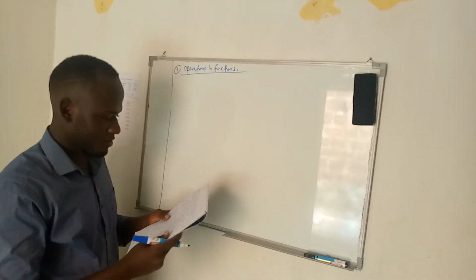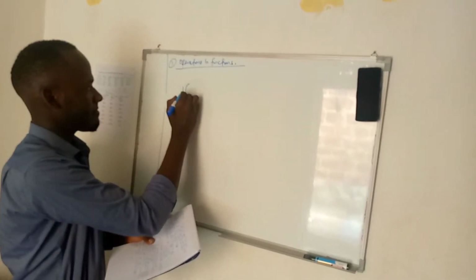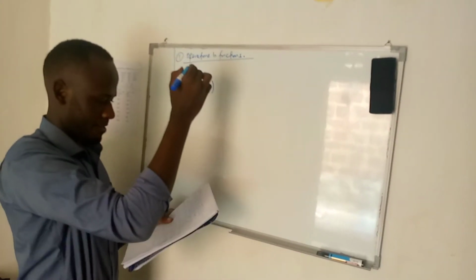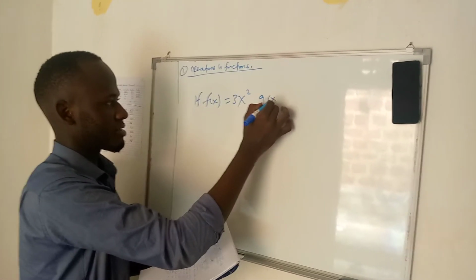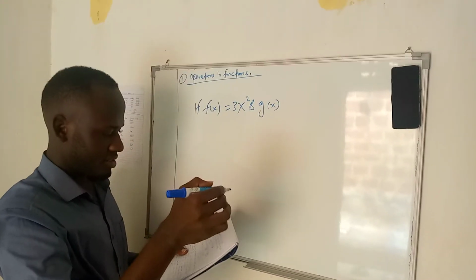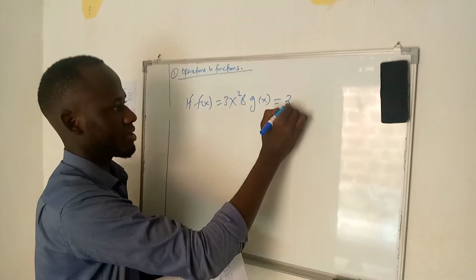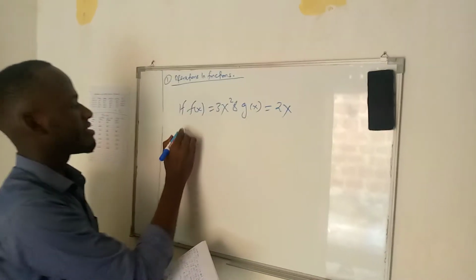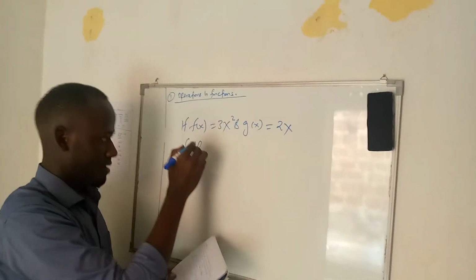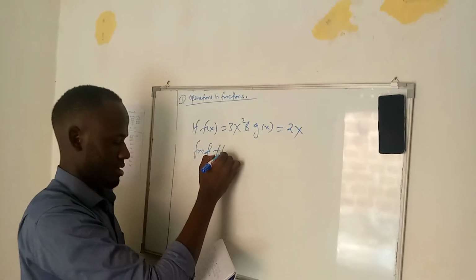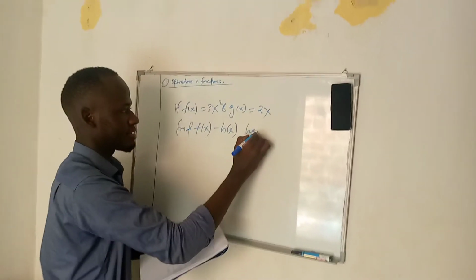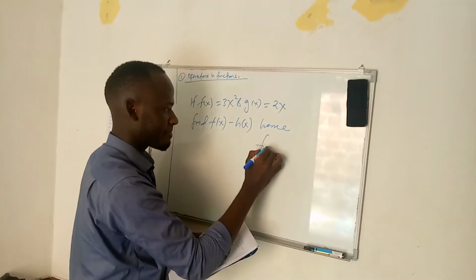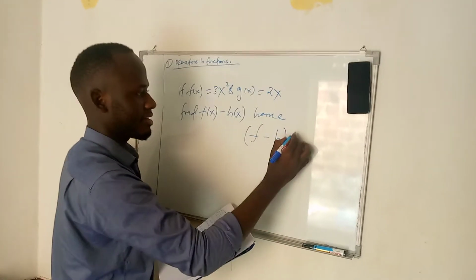For example, they are saying if f of x is equal to 3x squared and h of x is equal to 2x, find f of x minus h of x, hence (f minus h) of x.